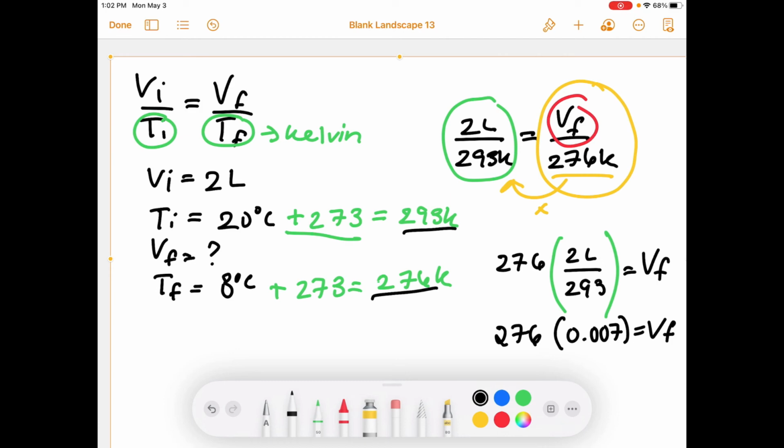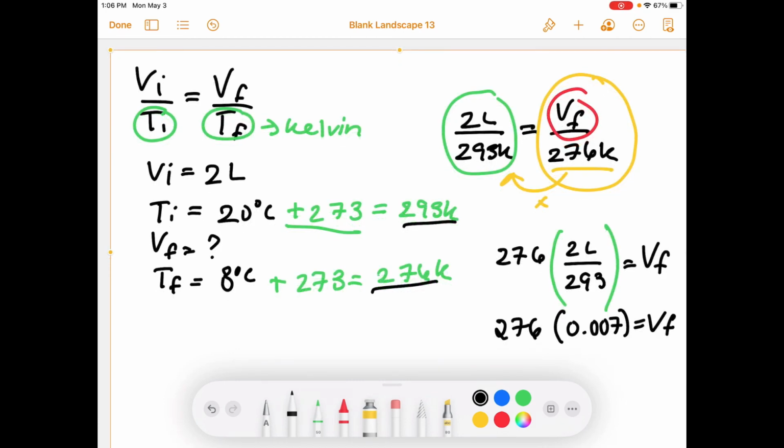Then you're going to multiply that by 276. So if you multiply 276 by 0.007, you are going to get approximately 1.9 or 2.